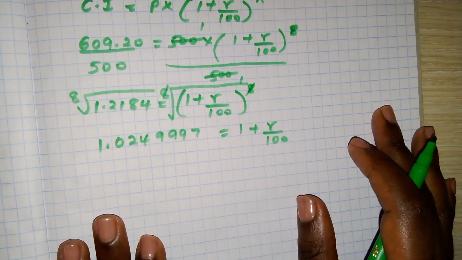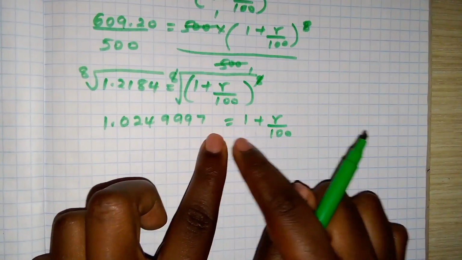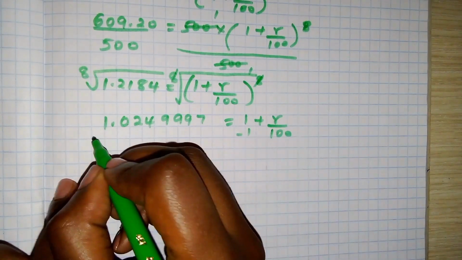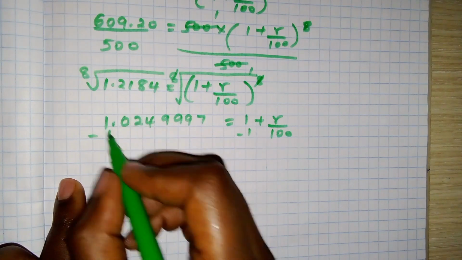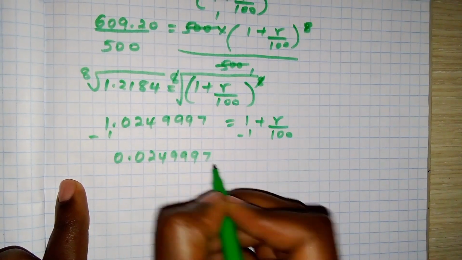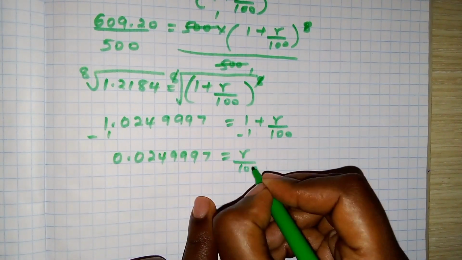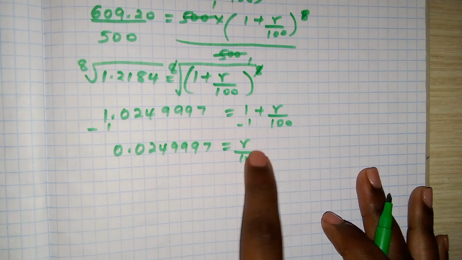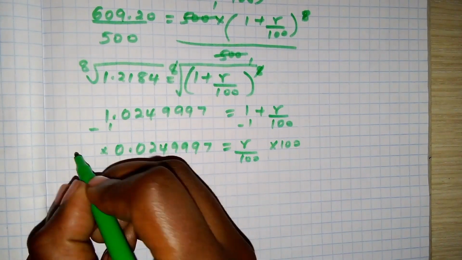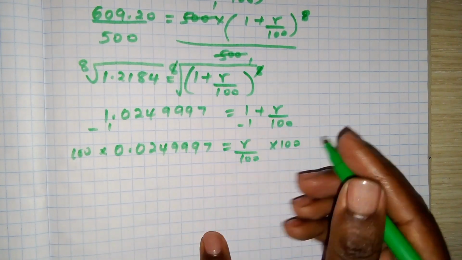Now the next thing is we separate this one from here, so they're both connected by addition, so we do the opposite of addition, minus 1 on both sides, and here we're left with 0.024997 equals 1 minus 1 is 0, R over 100. Then to get rid of the 100, we do times 100 on both sides because it's division here, so the opposite of division is times.